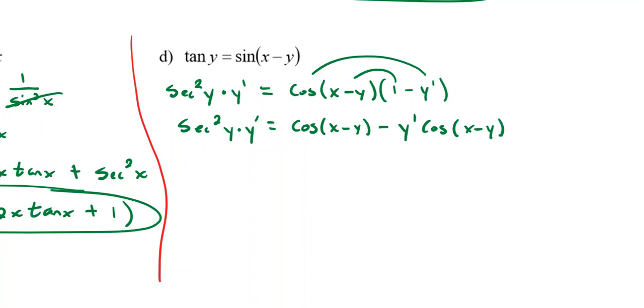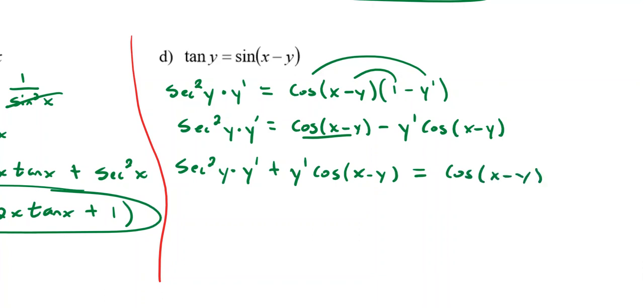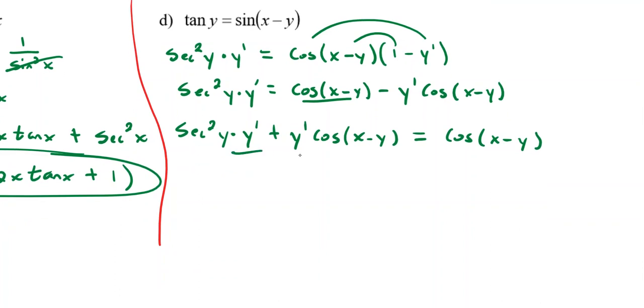All right, so that's looking better. So now let's get the terms with y prime in them over to the same side. So I'll bring this one over to the other side. So this would be secant squared y times y prime plus y prime cos of x minus y is equal to, and then just what's left there, cos of x minus y. Now let's factor out what's common, the y prime. So that you'd have y prime, and then what's left, just everything without the y prime.